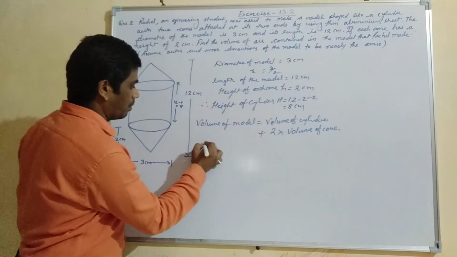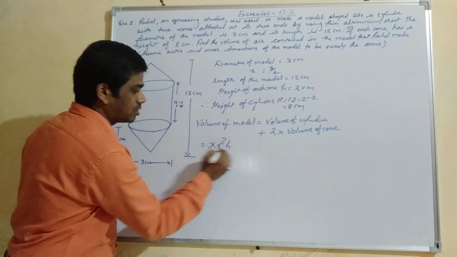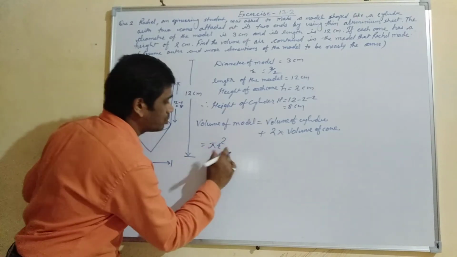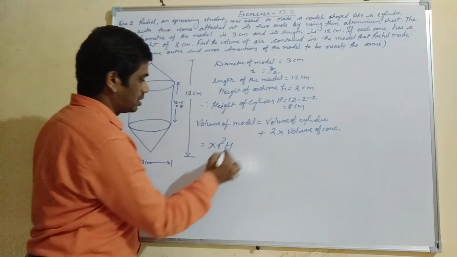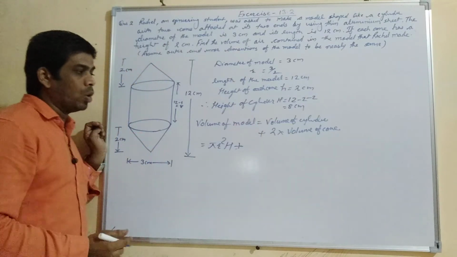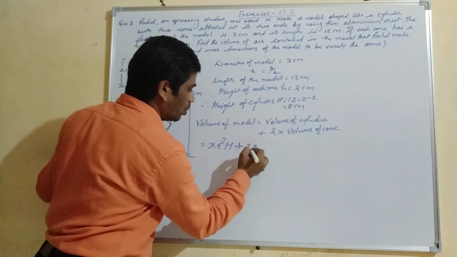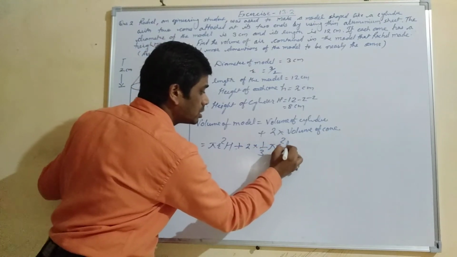The volume of a cylinder is pi r square H. Here we use capital H because the height of the cylinder is represented by capital H. Plus the volume of a cone will be 2 into 1/3 pi r square small h.